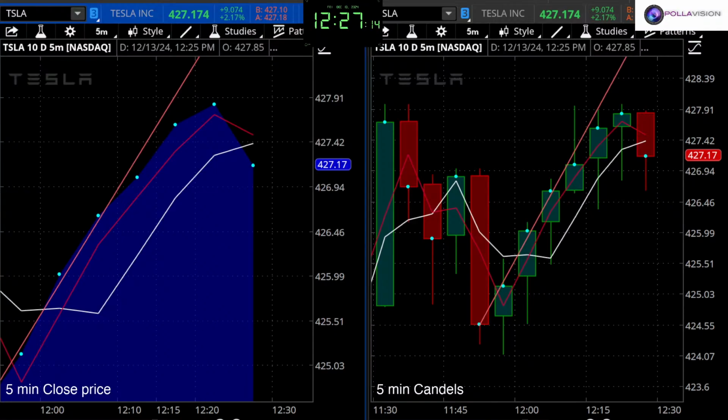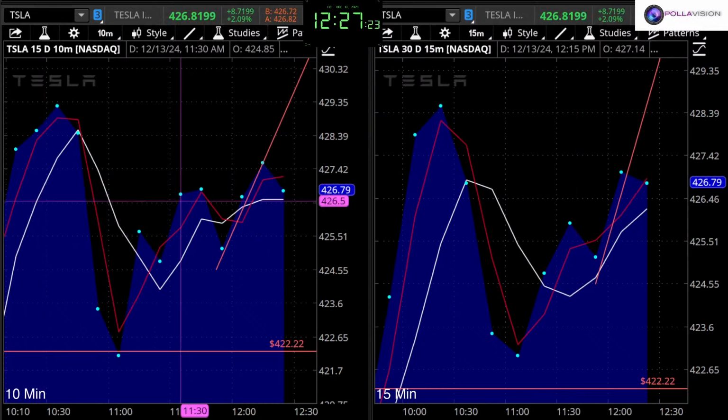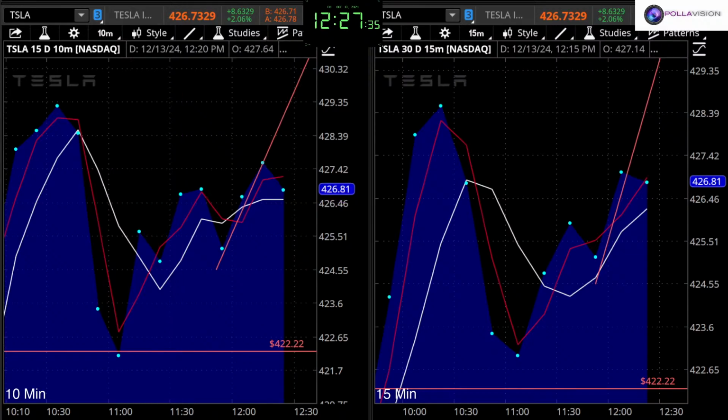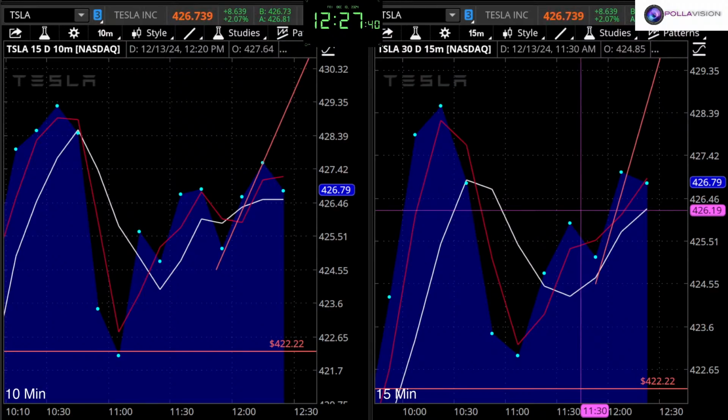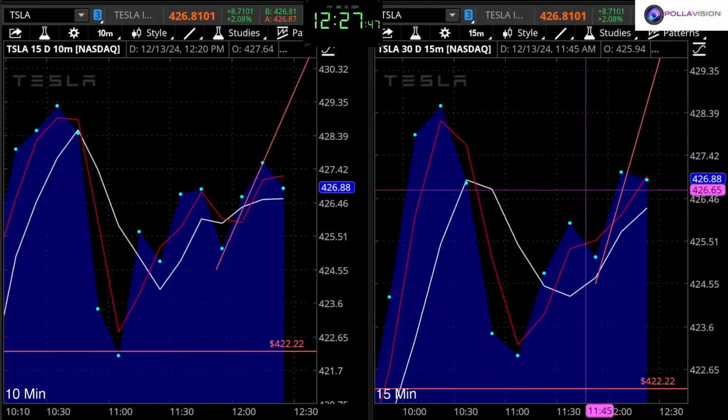And if we look at the 10 minute, 426.62 is right here. So it bounced off the 10-minute 4 simple moving average and came back up. 426.62 is right here, just below the 4.